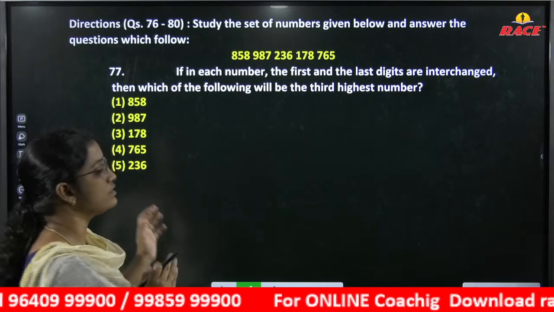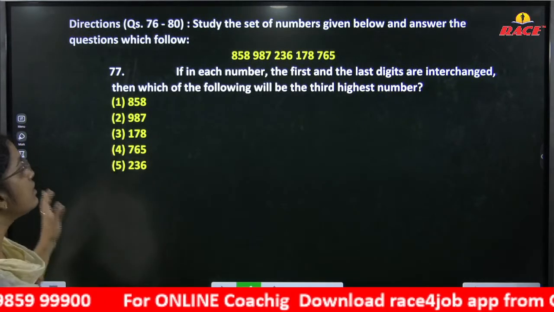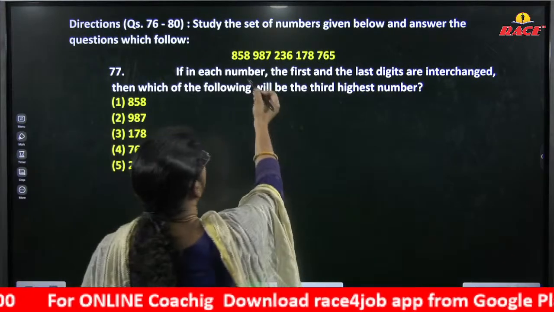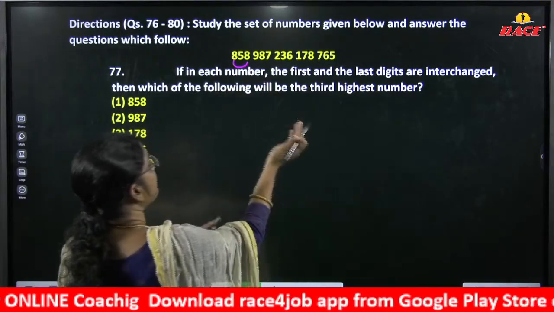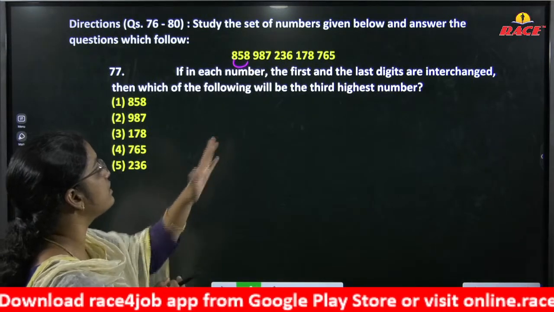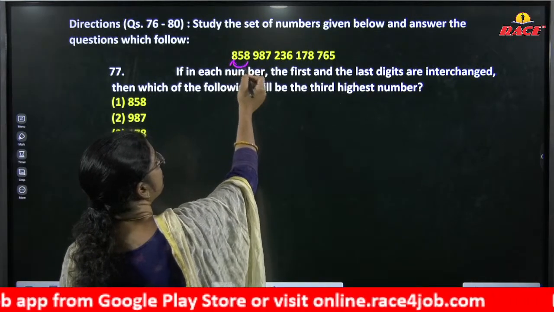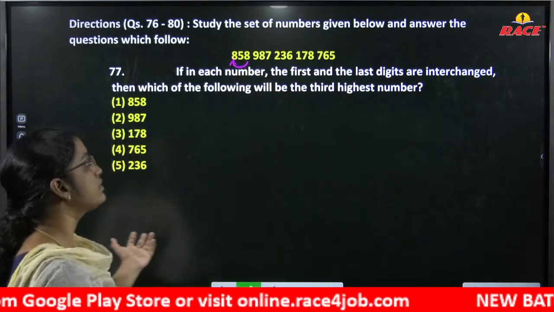If you interchange the first and third digits, the third digit will be placed at the first position. That means we simply observe the third digits only.